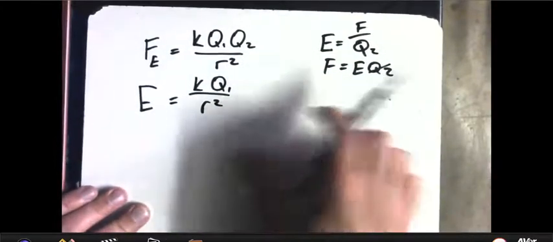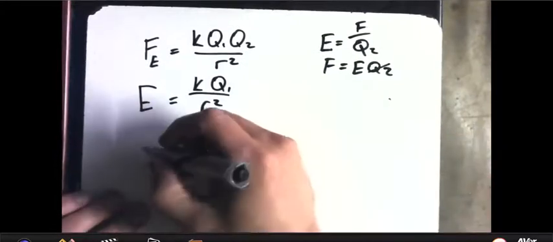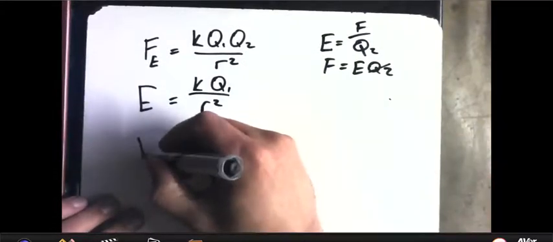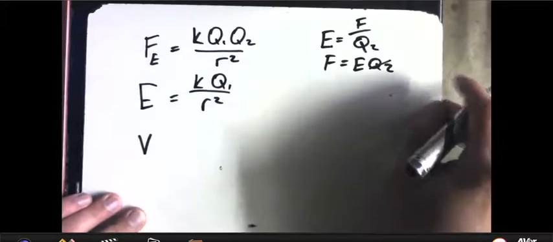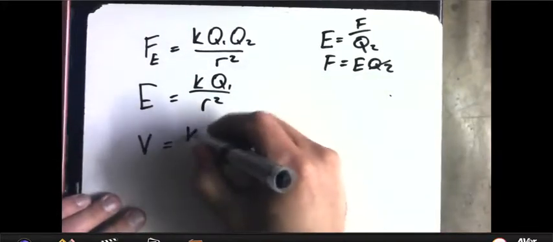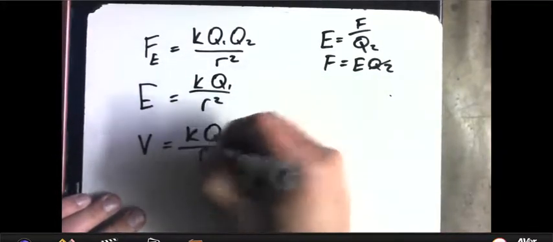Then we get two other things. We get the potential, which is V, and we're going to see that the potential is k Q1 over r.